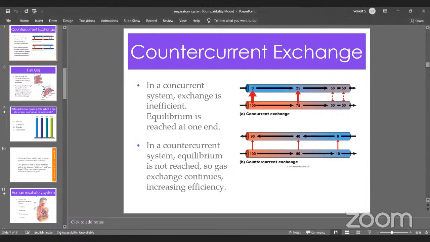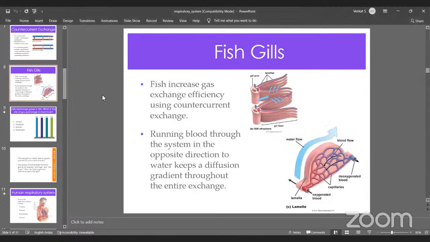Then see the fish gills. Fish live in brackish water, marine water, and fresh water. They live in water only, so water animals' respiratory organs are called gills. The fish increases gas exchange efficiency using countercurrent exchange in the gill arches, lamellae, and gill filaments.